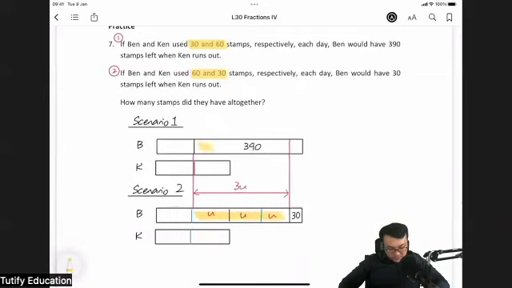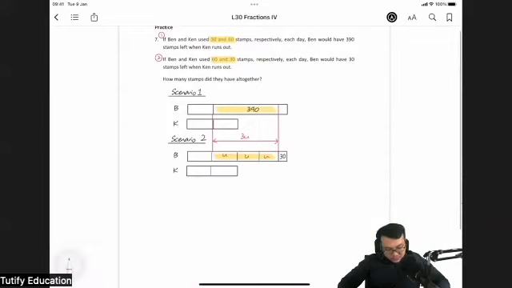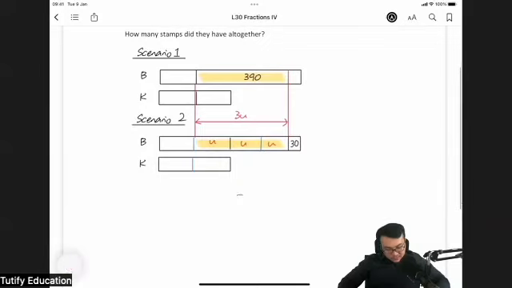Very good. You must minus the 30. And 1 unit is the answer divided by 3. So 1 unit is 120, okay?